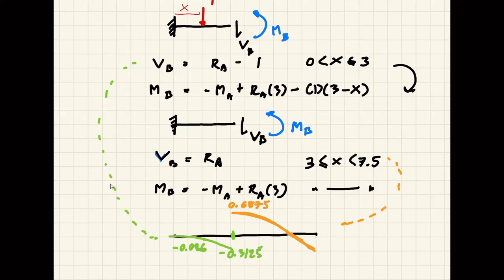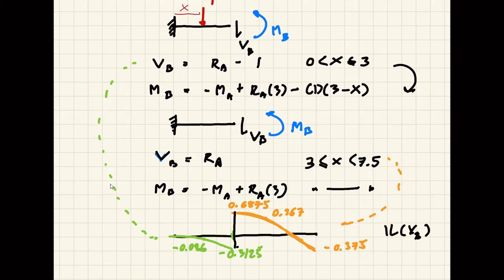This is basically RA, right? 0.367, and then minus 0.375 here. To be fair, we're going to connect that by the black line. Okay, this is the influence line of VB.